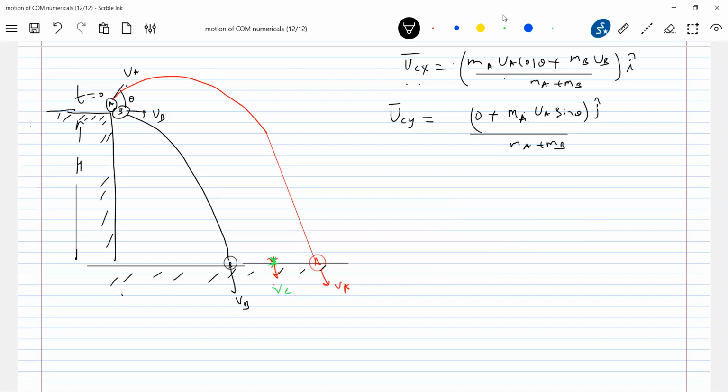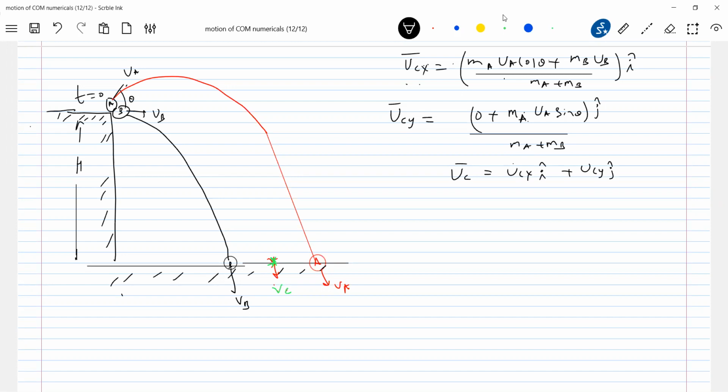We assumed all things. Fine. Initial velocity of the center of mass should be like this. Use every velocity to calculate the initial velocity of the center of mass. If masses are equal, then you write it divided by 2.